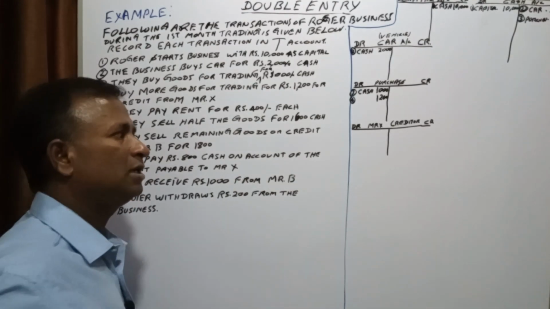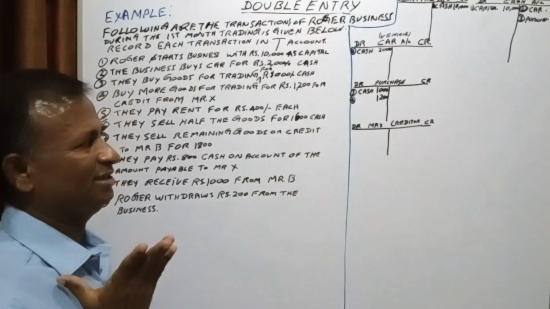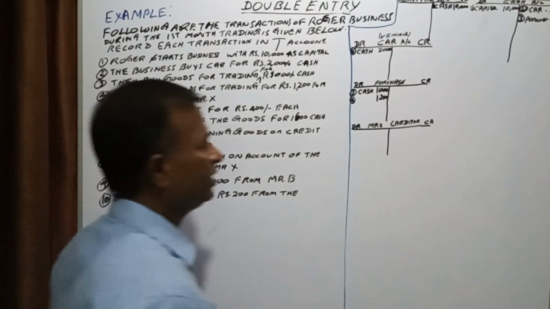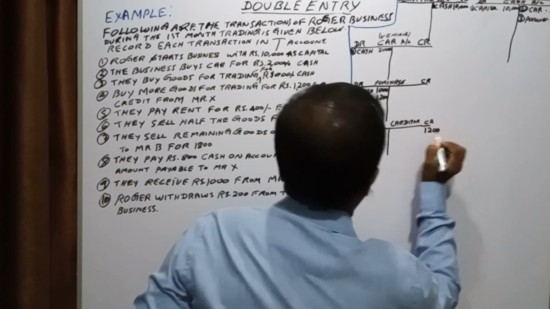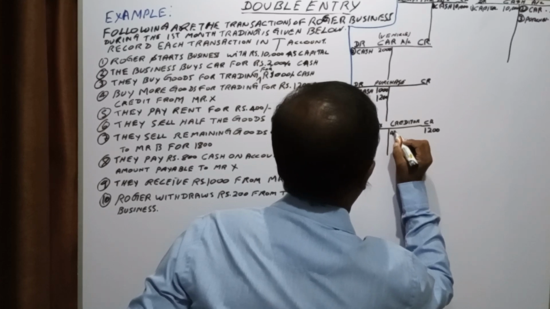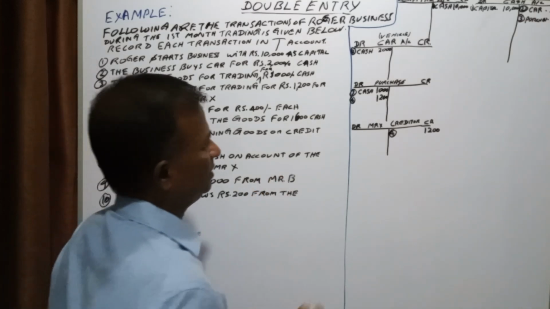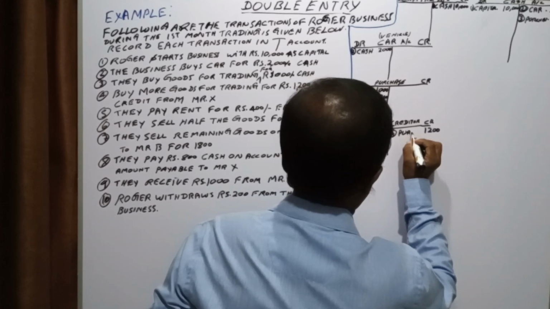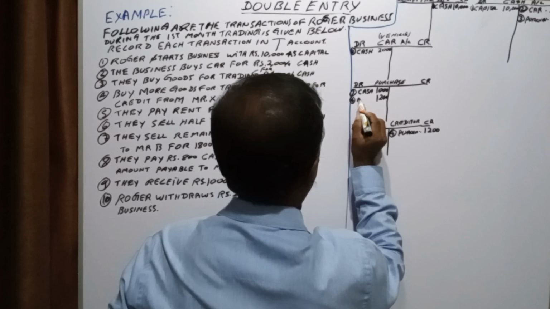Creditors increasing means liability is increasing. If the liability is increasing, then you have to pass the entry on the credit side. That means 1200 for credit. This is adjustment number 4. Here you have to give the narration. Here you will give purchase. Here you will give Mr. X.